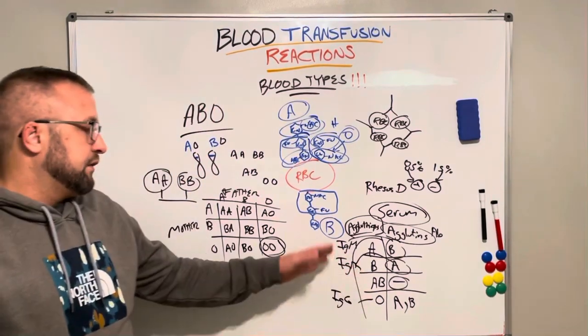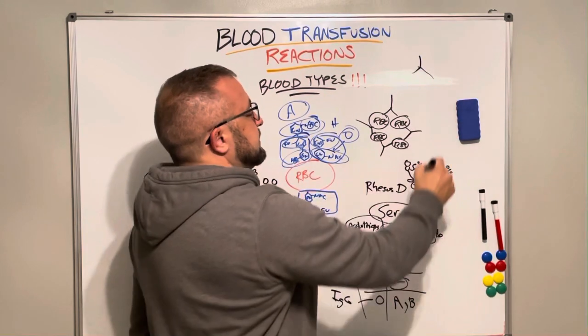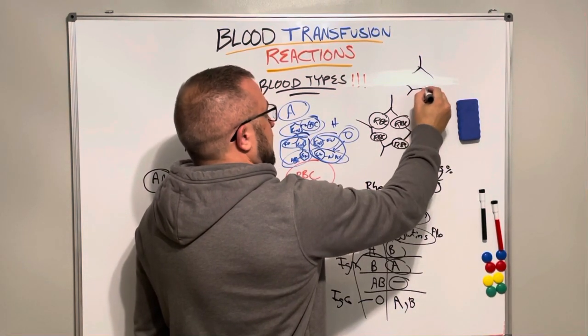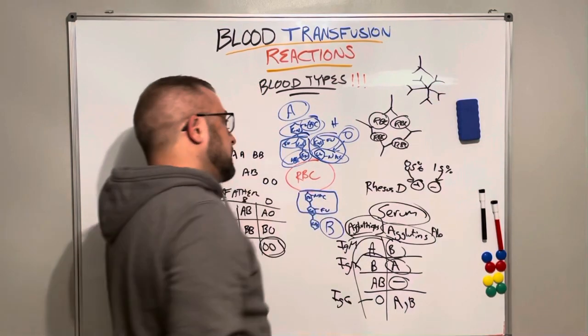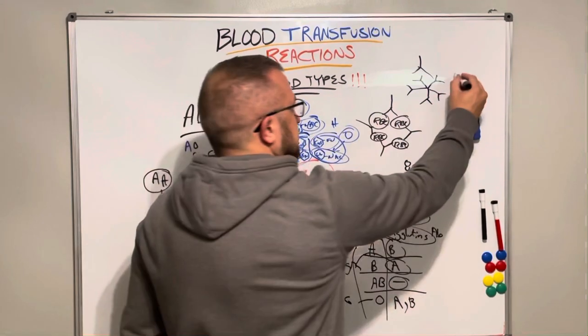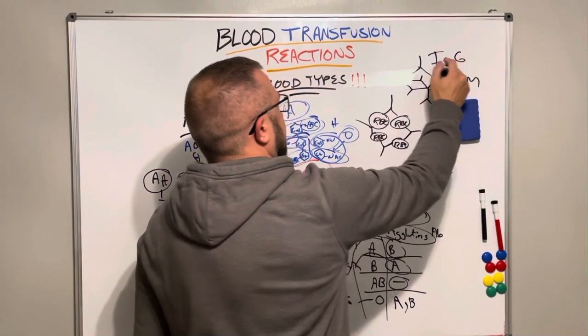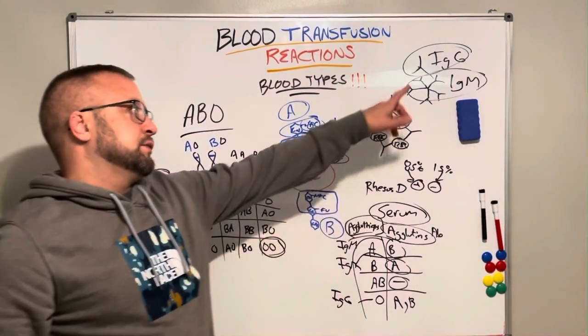Now the big deal with these is that IgG antibodies are single antibodies like this, whereas IgM antibodies are a whole lot bigger. These bigger ones are called IgM, and they're usually involved in other reactions. They're the first antibody your blood produces before it switches over to IgG.